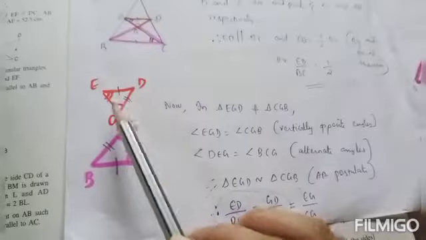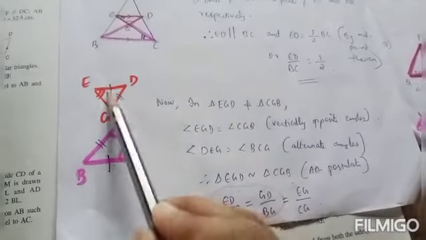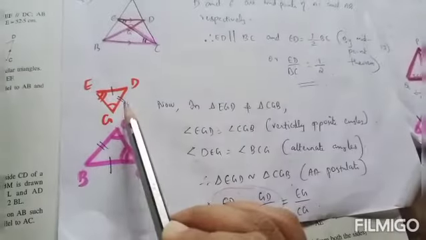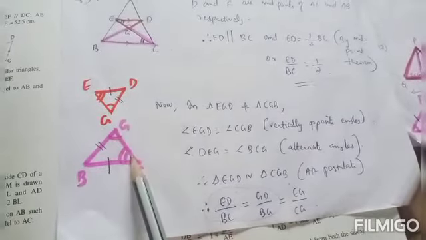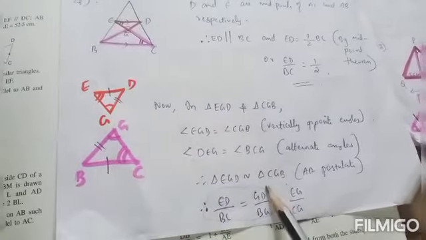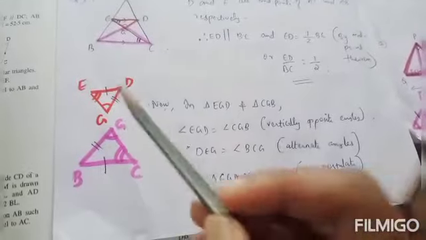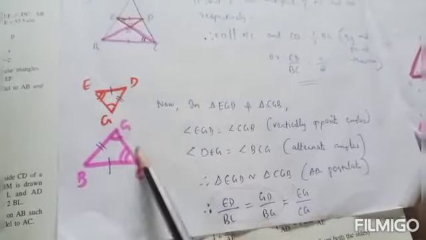Next, the sides opposite to angles DEG and BCG. For DEG, the side opposite to it is GD. For BCG, the side opposite to it is BG. So GD by BG. The remaining sides ratio is EG by CG.